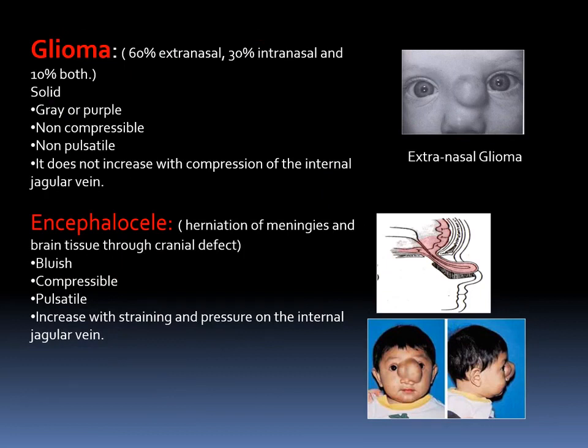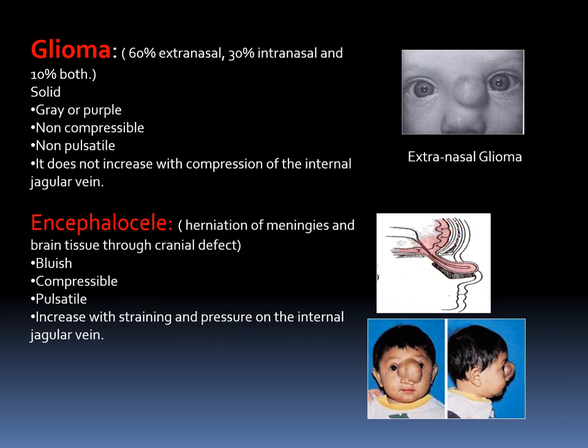Also, there is another congenital external nose deformity called glioma. It's 60% extranasal, 30% intranasal, and 10% both. It is solid, gray or purple, non-compressible, non-pulsatile, and does not increase with compression of the internal jugular vein.